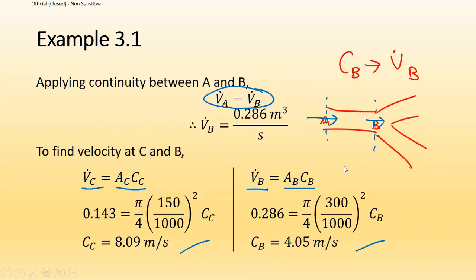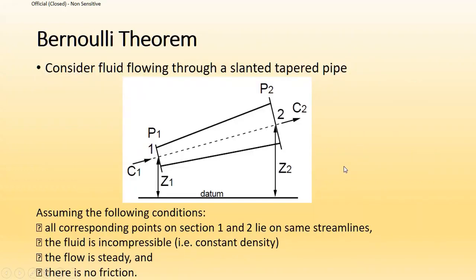So for this chapter, we are only going to deal with two main equations. Continuity was the first one. The second one will be your Bernoulli theorem. The Bernoulli theorem will be the core of pre-university fluid mechanics study.